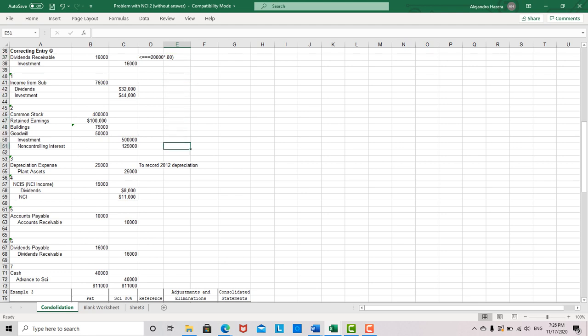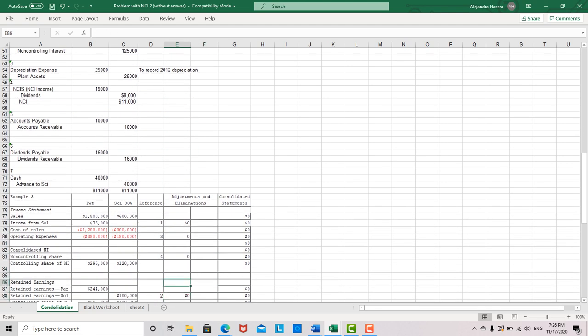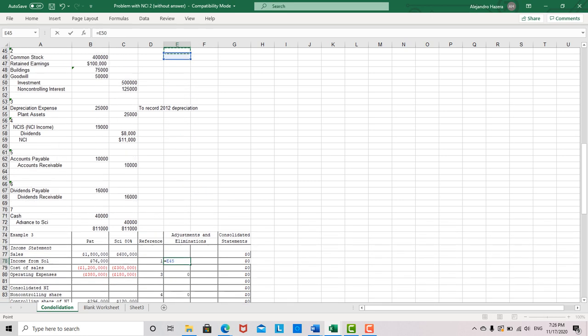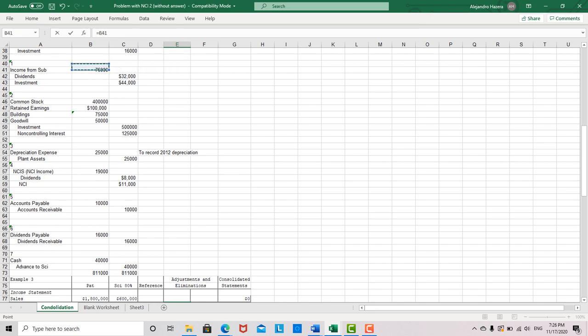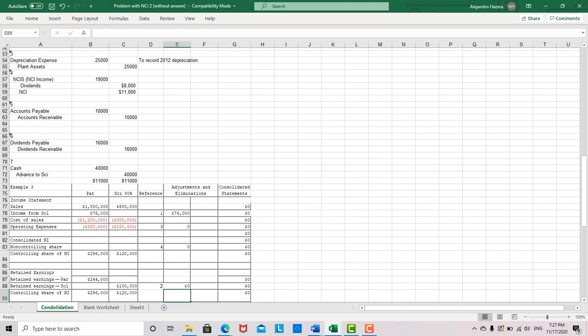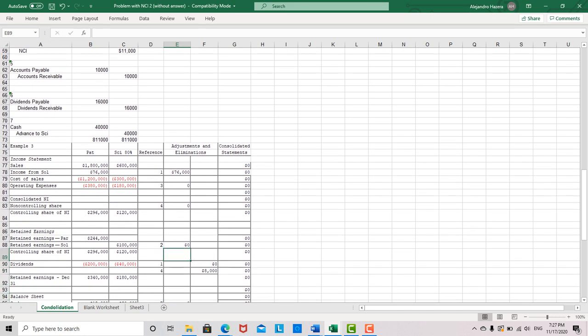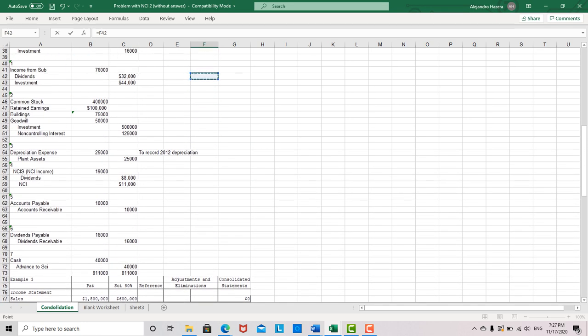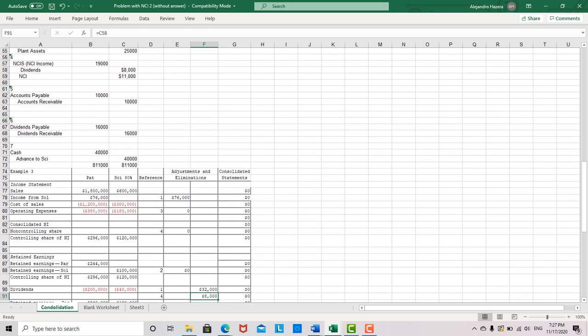The first one is, there's a pattern here after a while. Debit income from sub for $76,000. Credit dividends for $32,000, and that's done on the statement of retained earnings. We'll do that for $32,000.